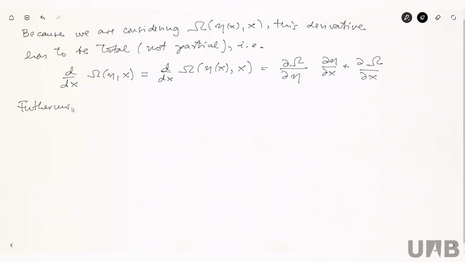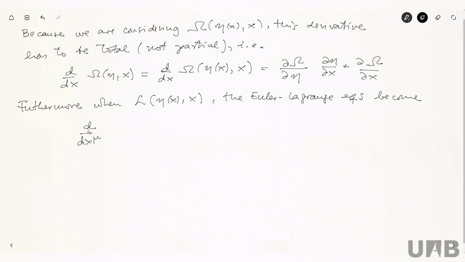Furthermore, the same thing happens for the equations of motion. When the Lagrangian depends on x explicitly, then the Euler-Lagrange equations, let me just write it down explicitly, become: the total derivative with respect to x mu of the partial of L with respect to eta comma mu equals the derivative of L with respect to eta.